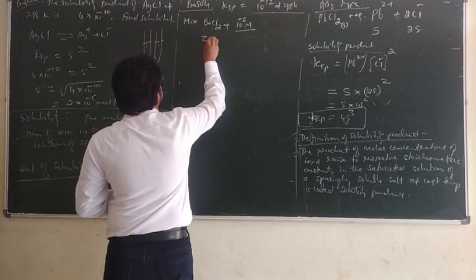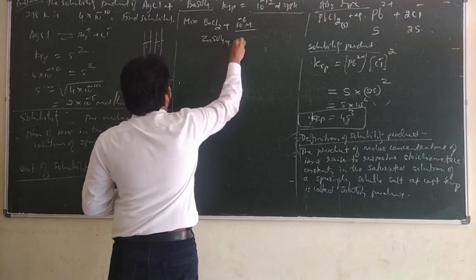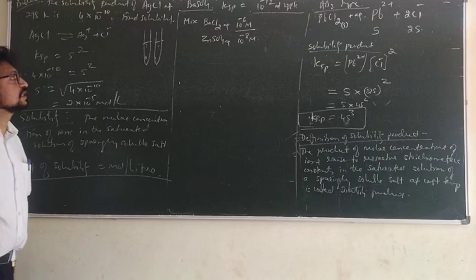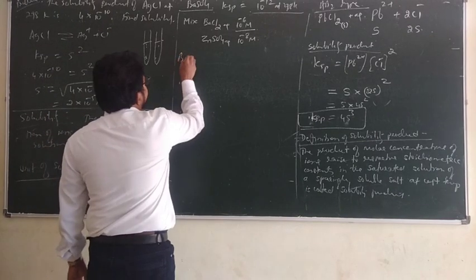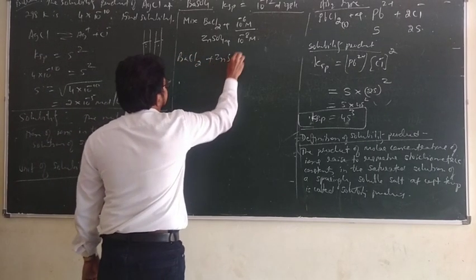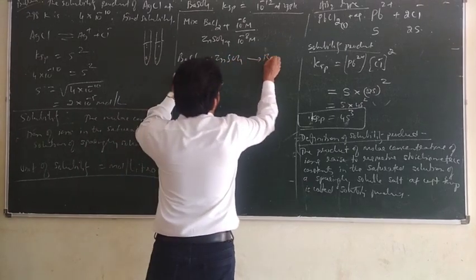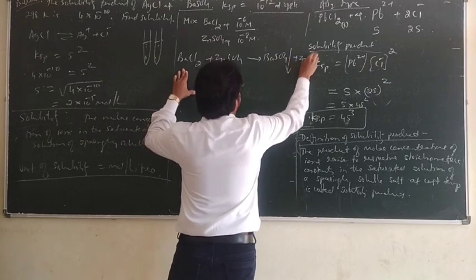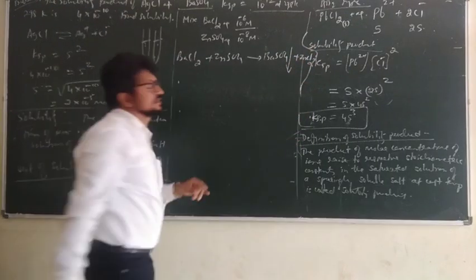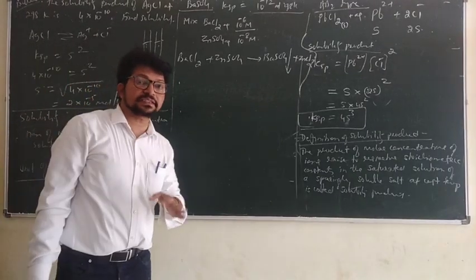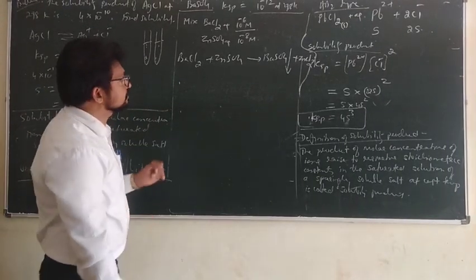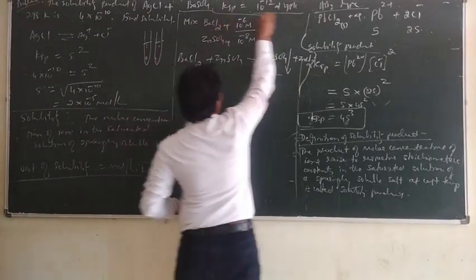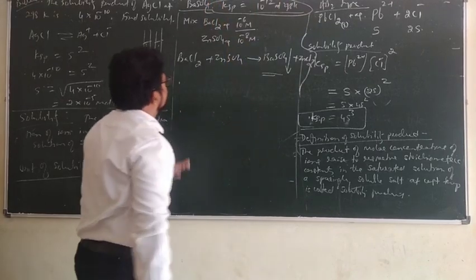Another solution is zinc sulfate, 10 to the power minus 8 molar. If you mix barium chloride and zinc sulfate, according to the equation you get barium sulfate and zinc chloride. But will it precipitate? The solubility product of barium sulfate is 10 to the power minus 12.